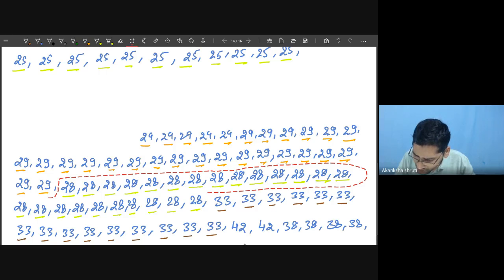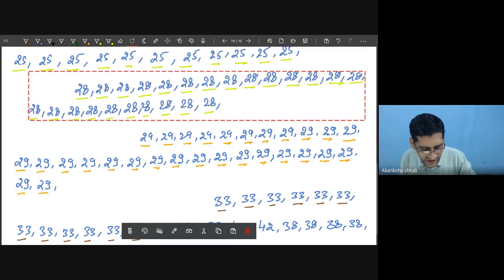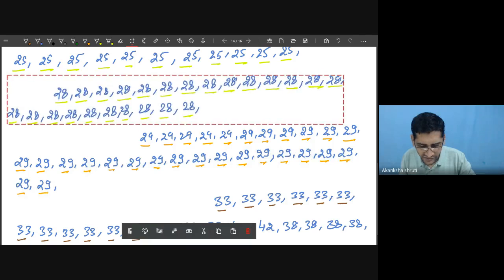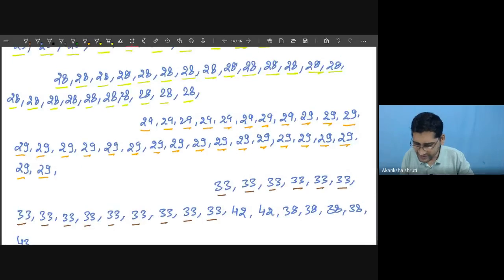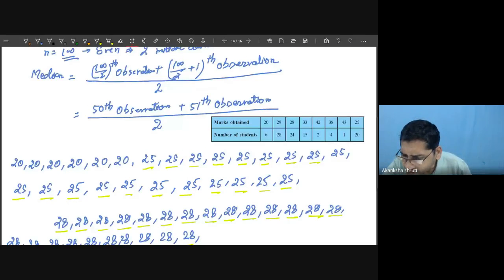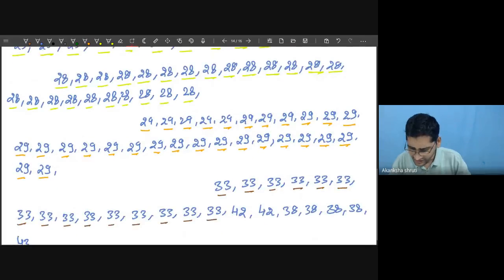We have to come up to this much. This 28 needs to be written first, then this 29, then this 33, and 38, and 42 and 43. 29 is okay. 33, it's okay.